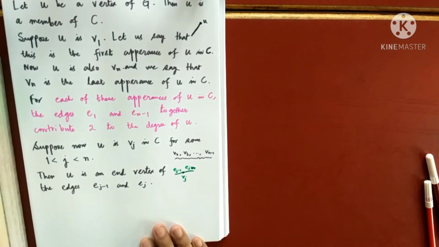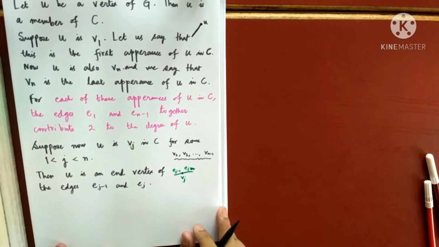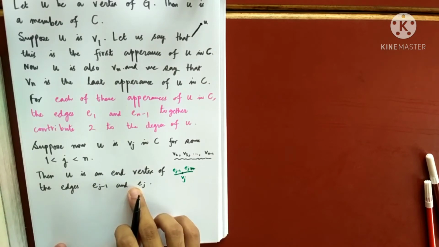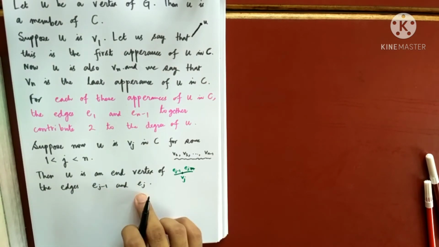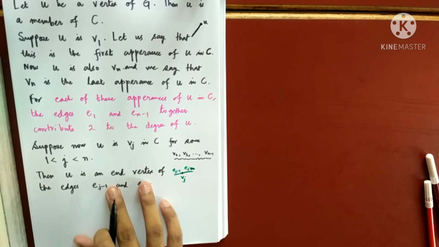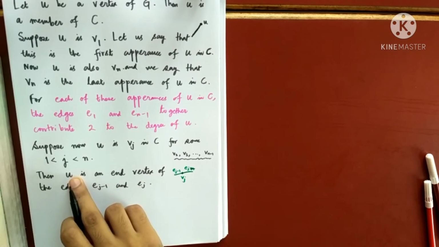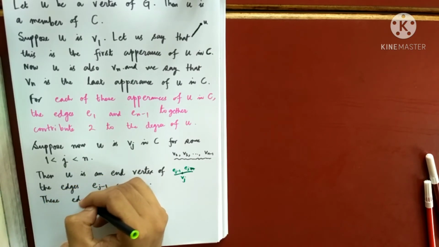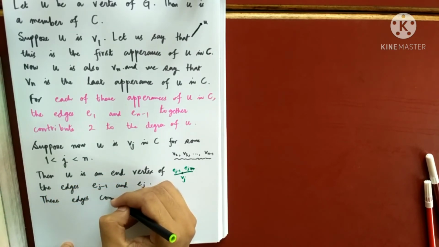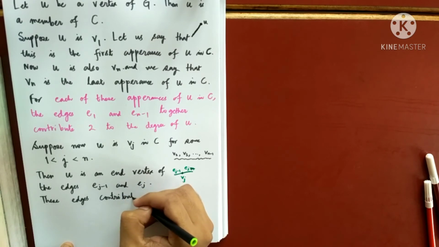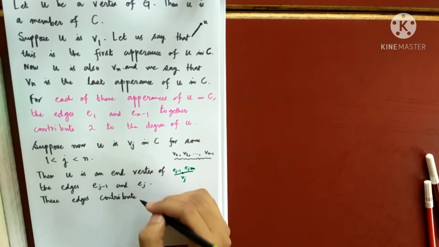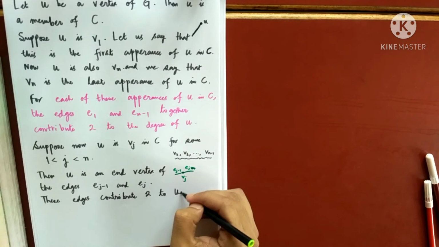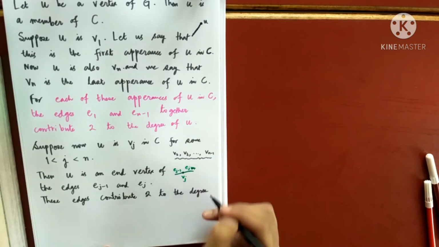What we understood is, whenever u is the middle vertex somewhere in C, then u is the end vertex of two edges, and hence these two edges will contribute 2 to the degree of u.